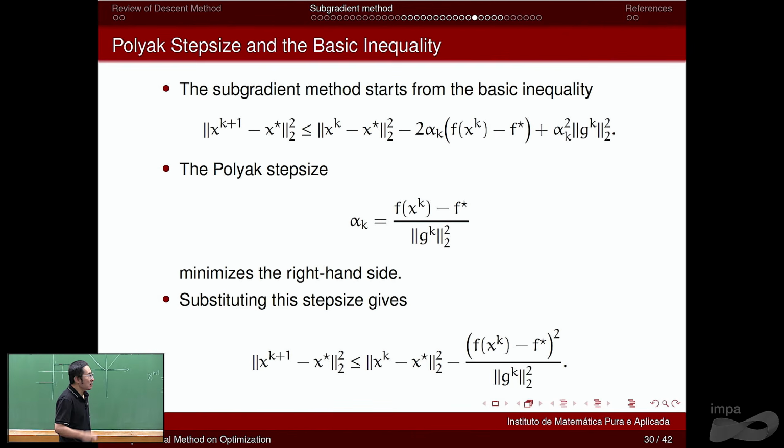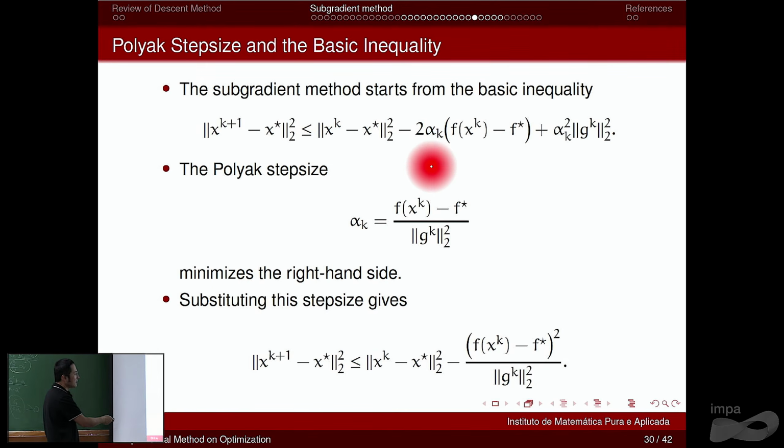And of course another motivation is, let's remember we already have this inequality, okay? How do we get this inequality? We get this inequality by expanding these square terms, okay? And then you use the subgradient inequality. Actually, if you minimize the right side of this inequality with respect to alpha k, it's a function with one variable, in one dimension, okay?